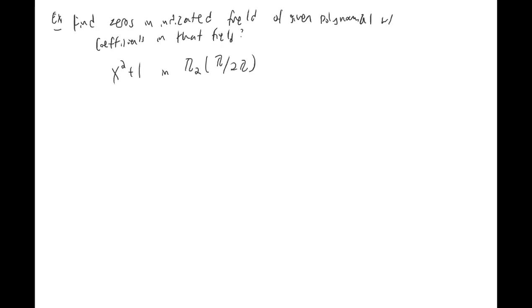So here the zero is just x equals 1. But you can also see that this is a multiple root, because what is minus 1 in Z mod 2Z? Is that 1 or 0? You all know the rule: minus 1 is just plus 1.